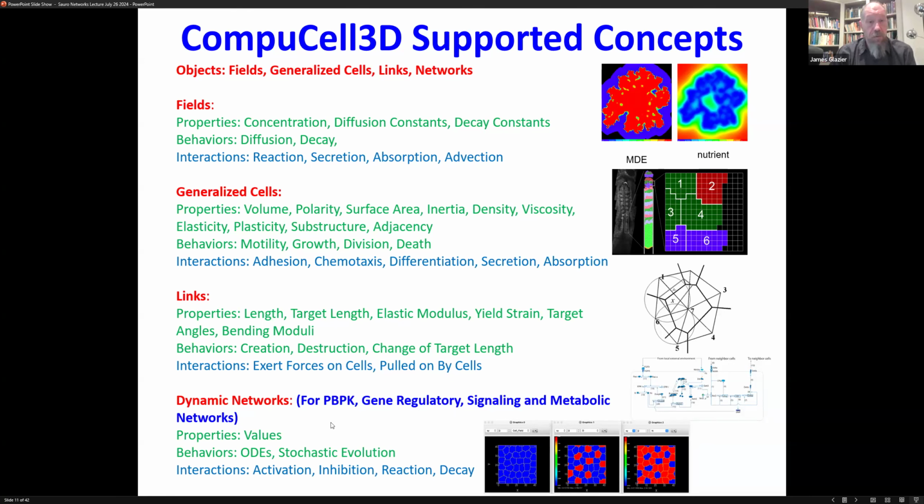And since you've been dealing with networks, I'm going to talk primarily about how you couple this kind of modeling with networks.